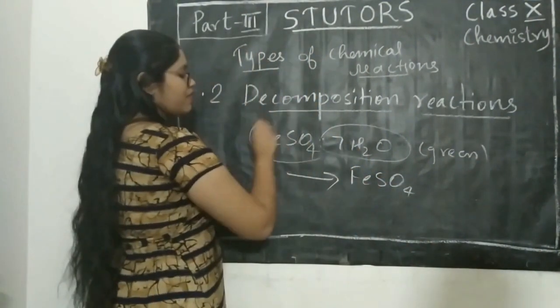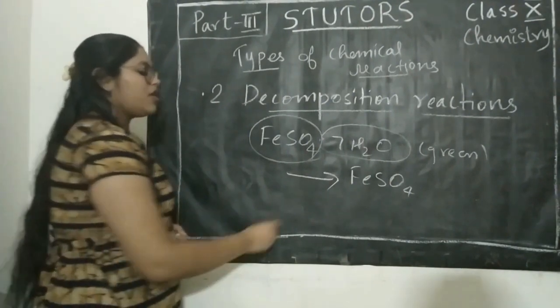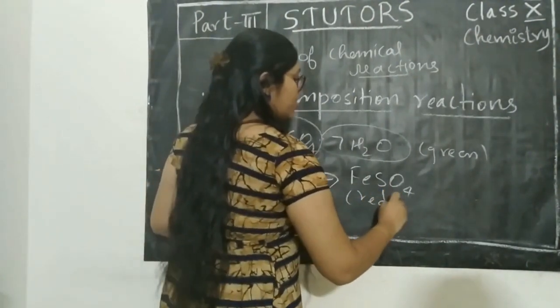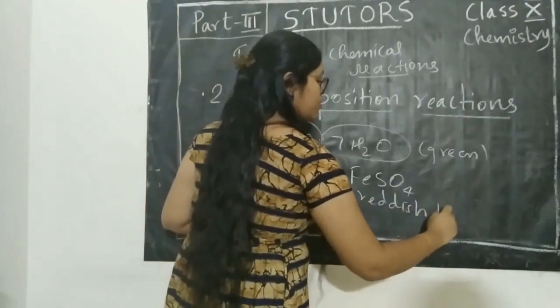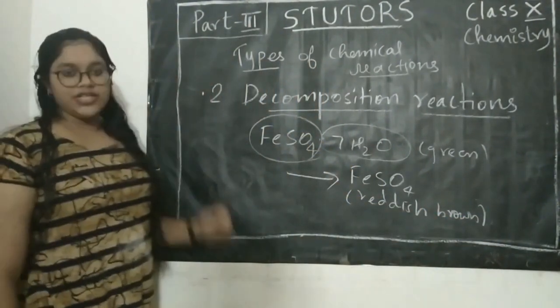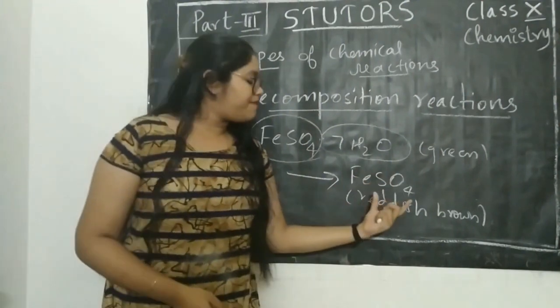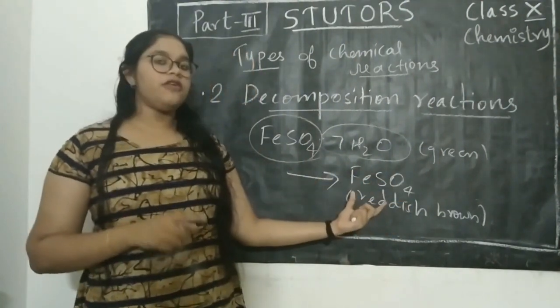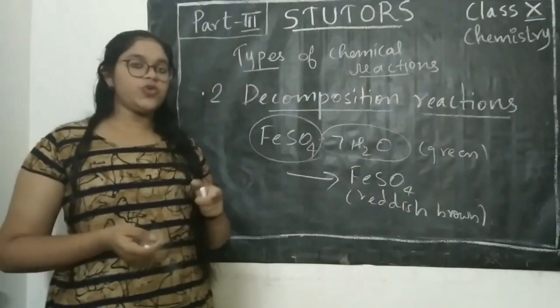Hence, we have only FeSO4, which is reddish brown in color. This is the reason for the change in color, and only after this FeSO4 decomposes into Fe2O3, SO2 and SO3.